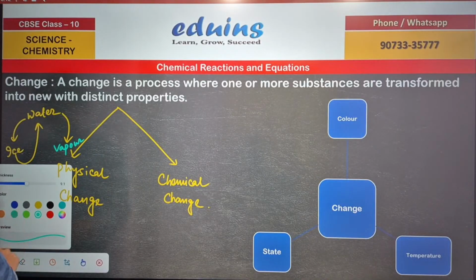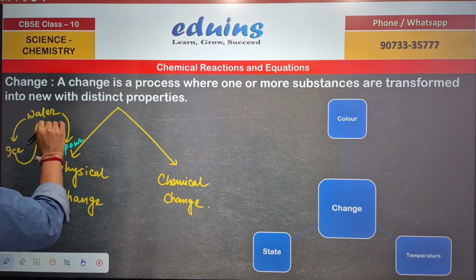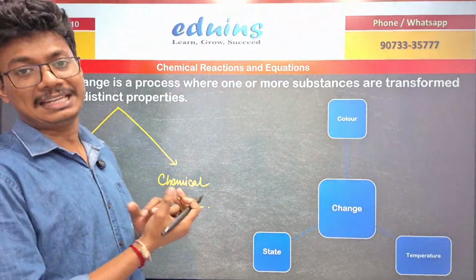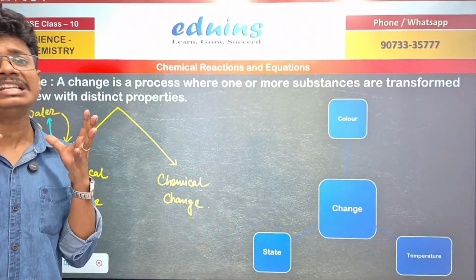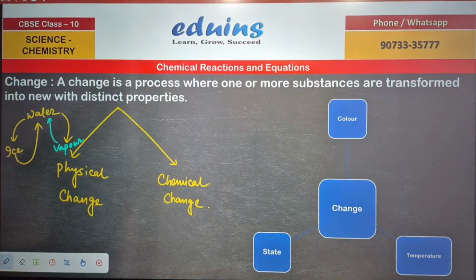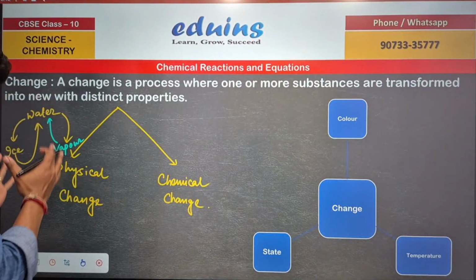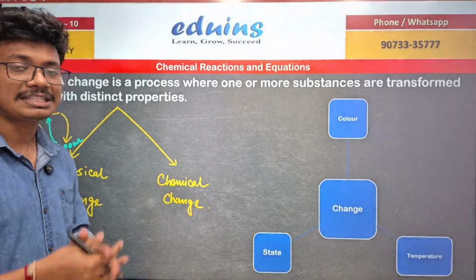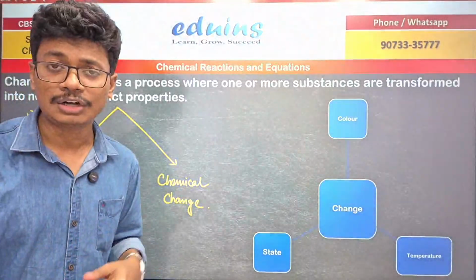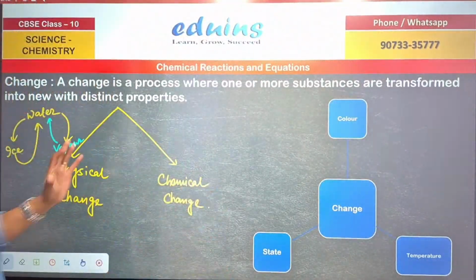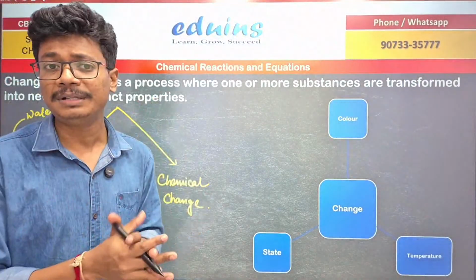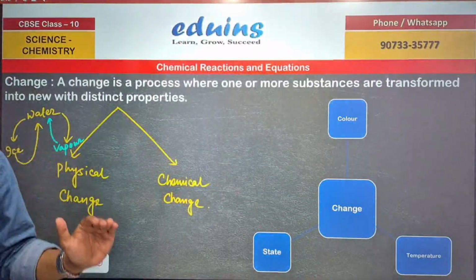And when the vapor is cooled down, it will form water. So changing the state, changing the physical condition or the physical appearance, is known as physical change. Examples of physical change are the melting of ice, vaporizing or evaporation of water, or the freezing of water.